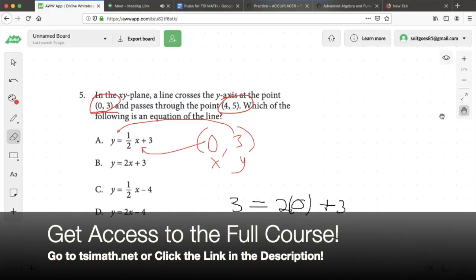Try plugging those values into C. So that is not true, right? Because that part is equal to 0, because anything times 0 is 0.